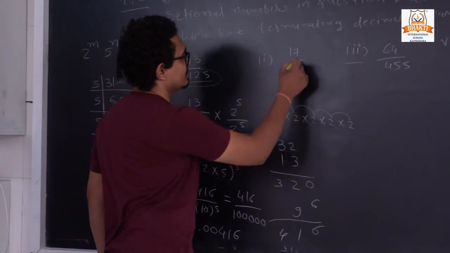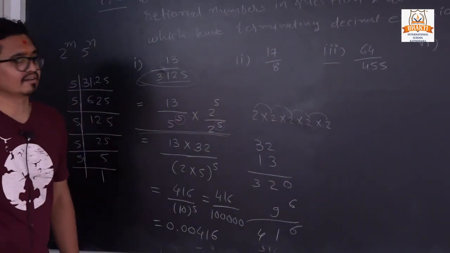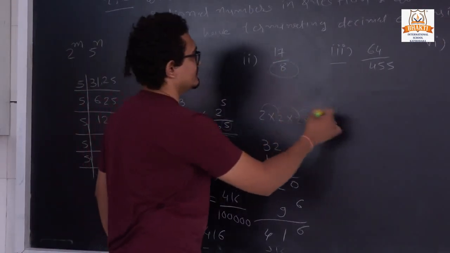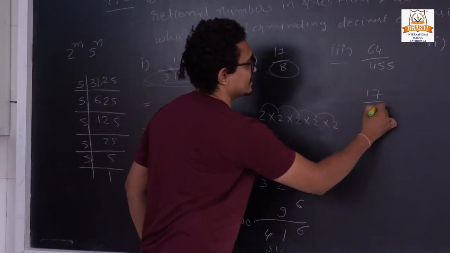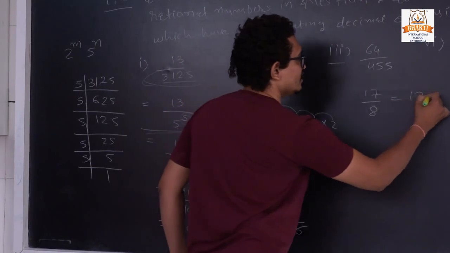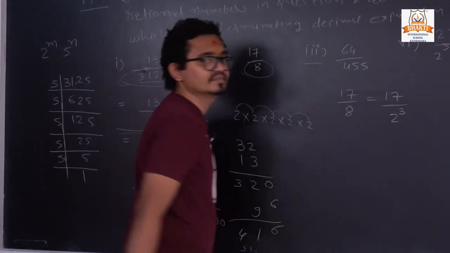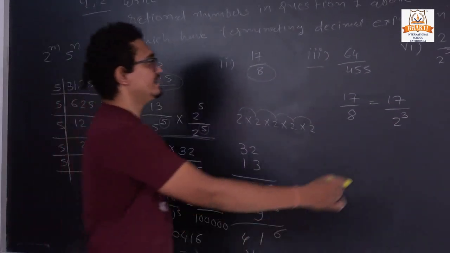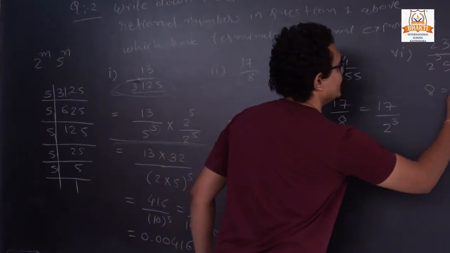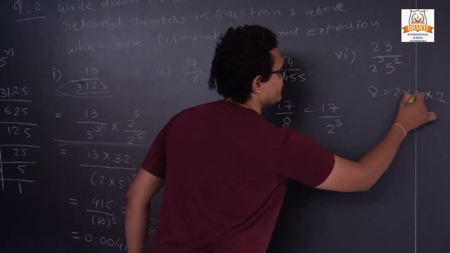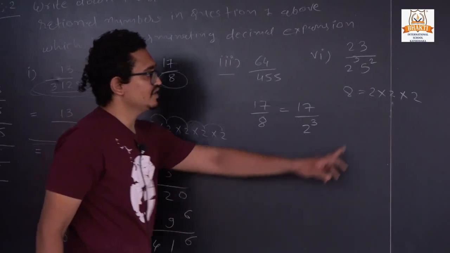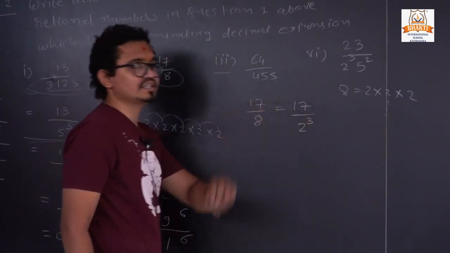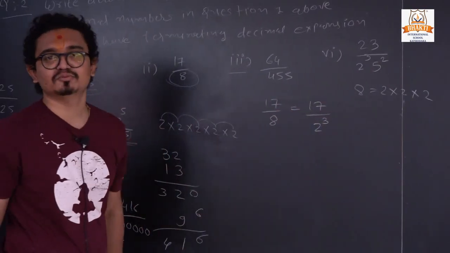Now we are performing question number 2. Once again, the factor of 8 is 2 raised to 3, because 8 means 2 into 2 into 2. 2 2s are 4, 4 2s are 8. So we can write 2 raised to 3, because 3 times 2.